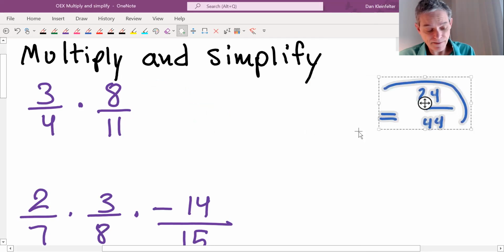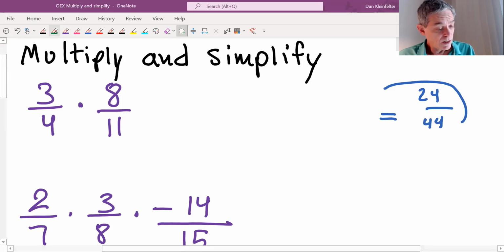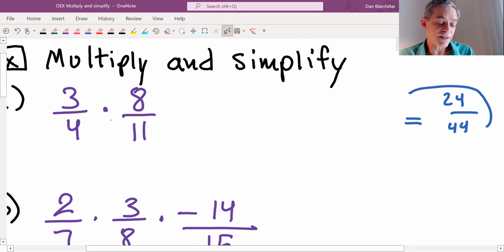So let me get this out of the way. All right, so in 3/4 and 8/11, the 4 and 8 are both divisible by 4. So we're going to divide the numerator and denominator by 4. 8 divided by 4 is 2. 4 divided by 4 is 1.